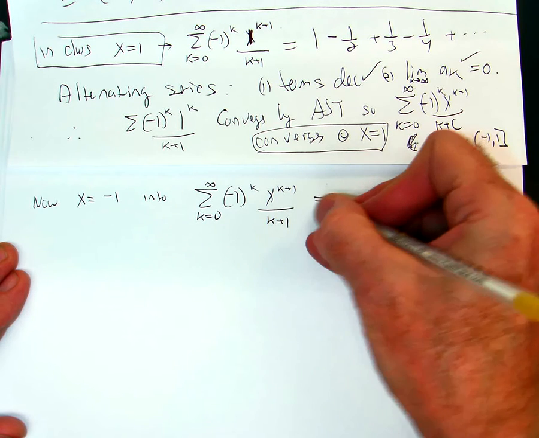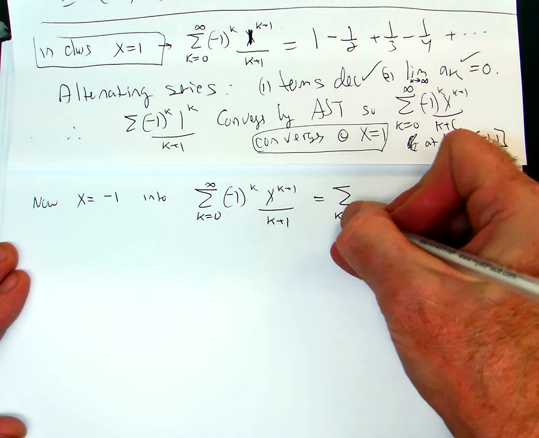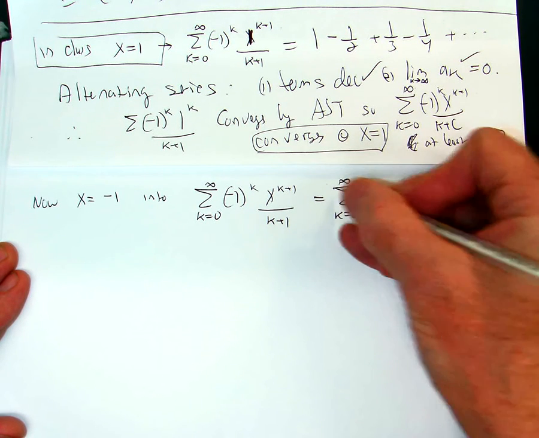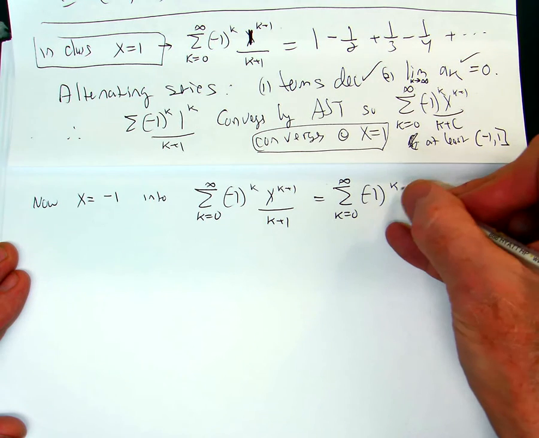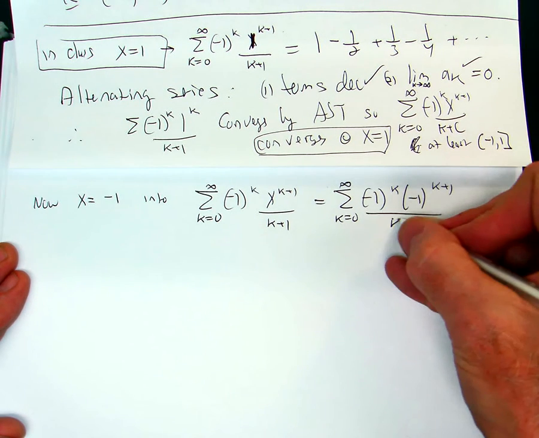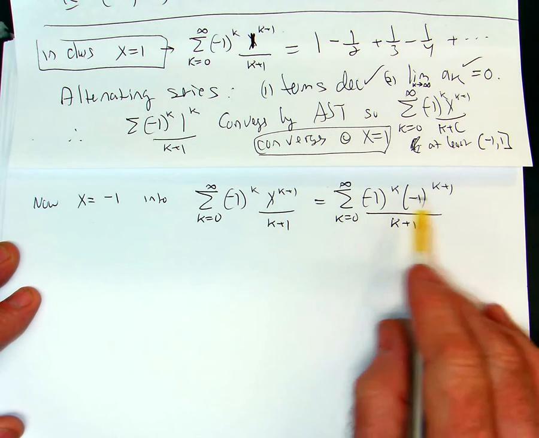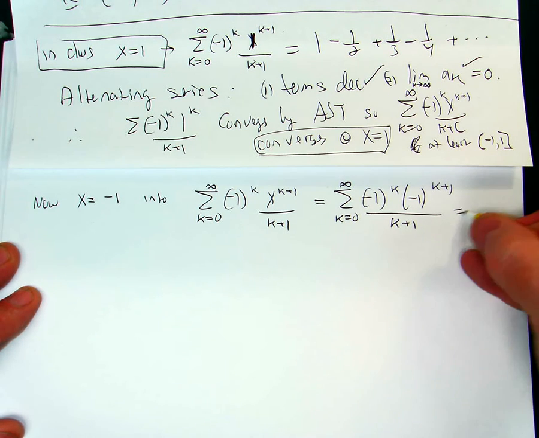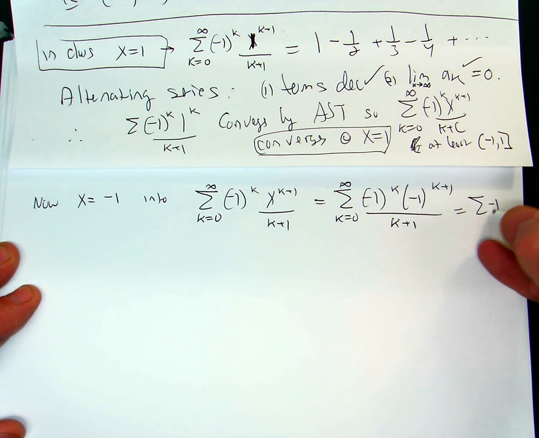And I get the summation from k equal to 0 of -1 to the k times -1 to the k plus 1, and if you work this out, you're going to get that this is equal to -1 over k plus 1, starting at 0.